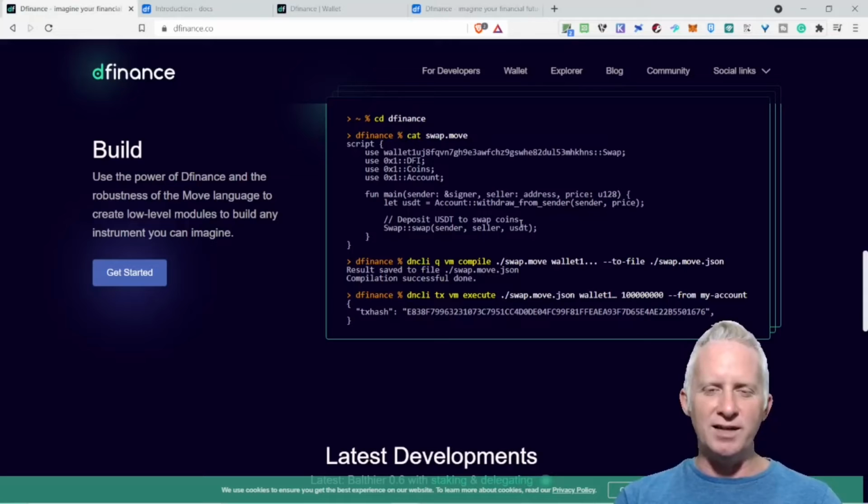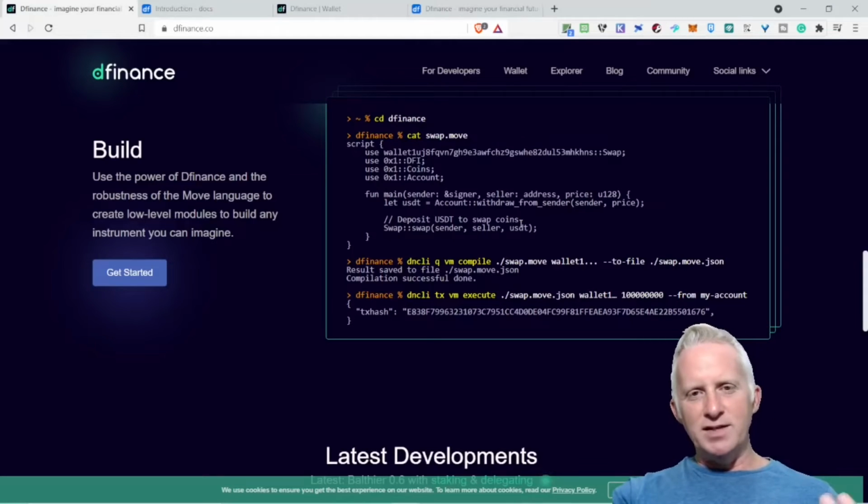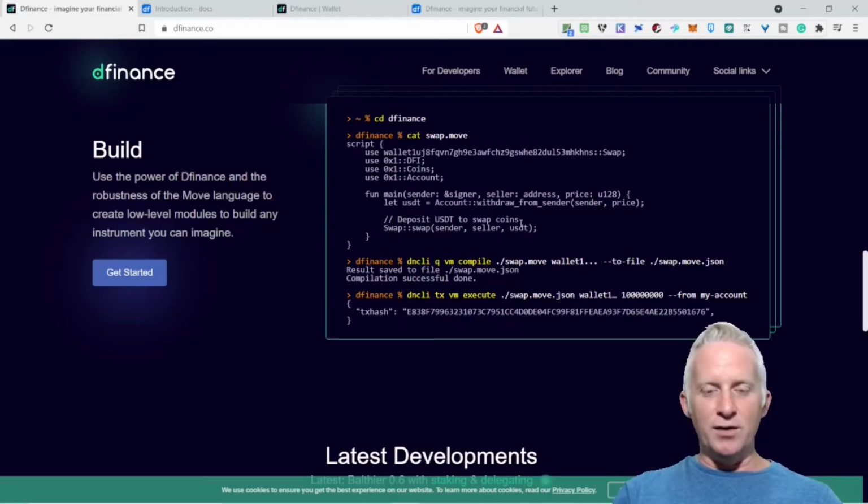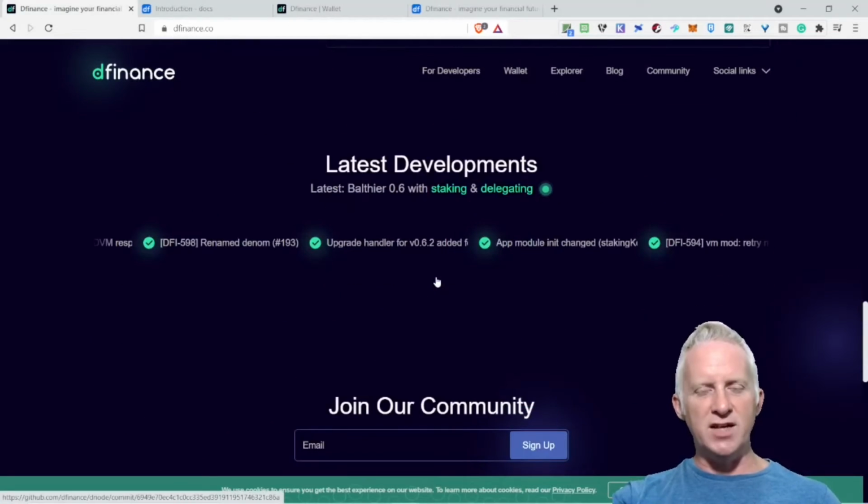I don't know if they're going to introduce a voice or you just need to tap the code. So the latest development is Barrier 0.6 with staking and delegating.